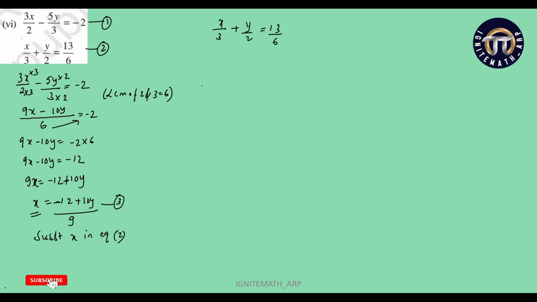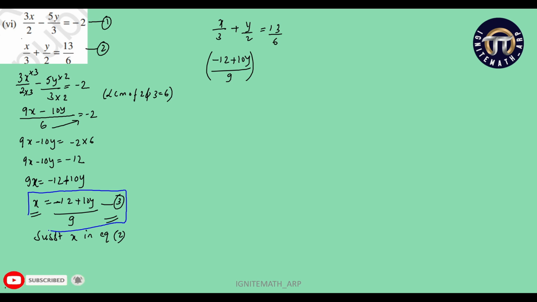What is x? x is minus 12 plus 10y divided by 9, from equation 3, and this again divided by 3 here. I have just replaced x by whatever expression we have got for x in equation 3. Clear?